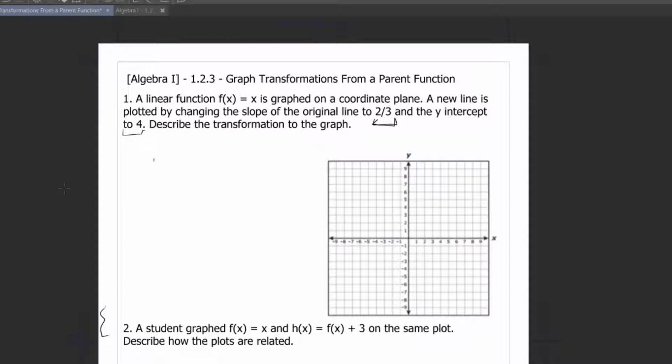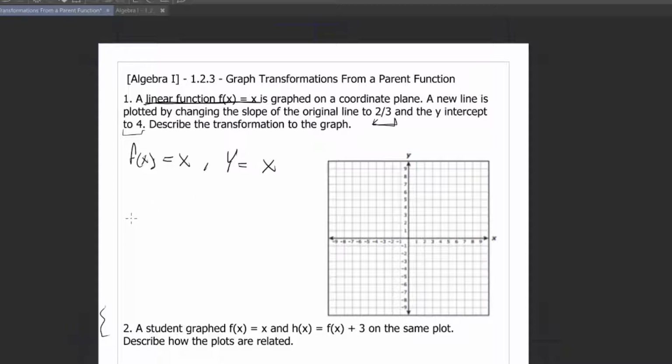First, we have our given linear function, or our parent function, f of x is equal to x. So function of x is equal to x, right? In this case, this is the same thing as y equals x.